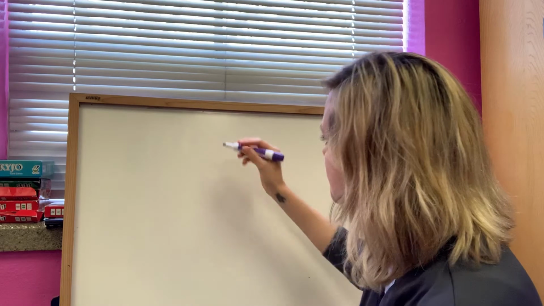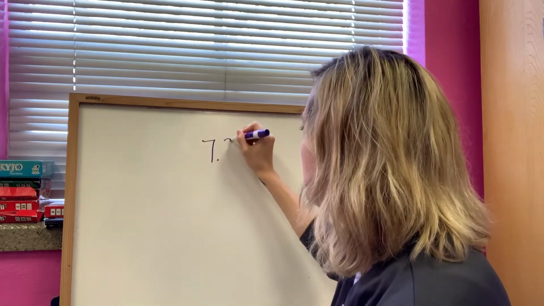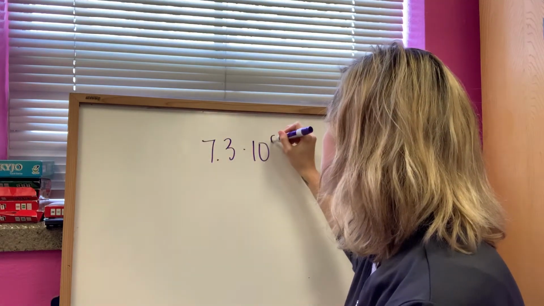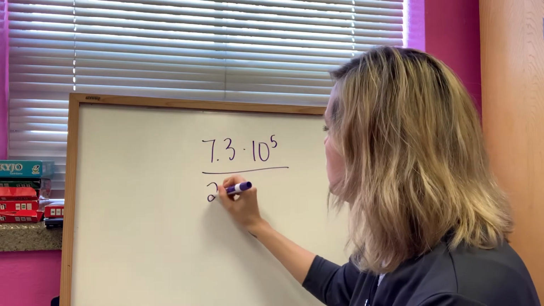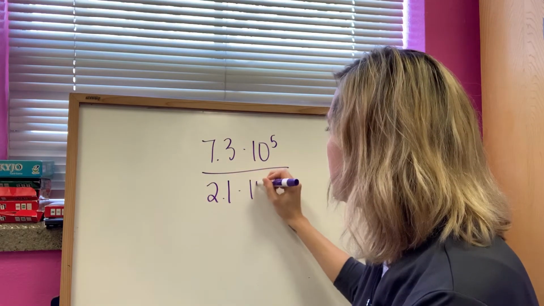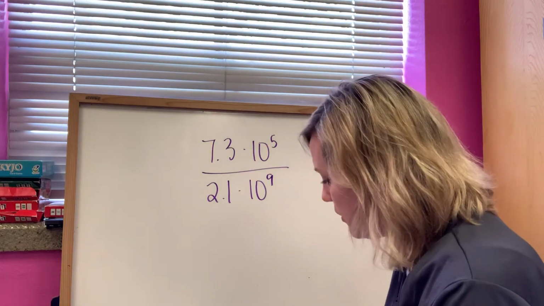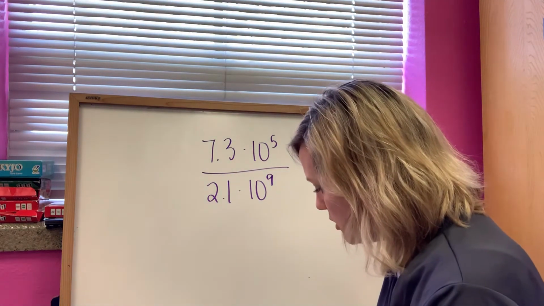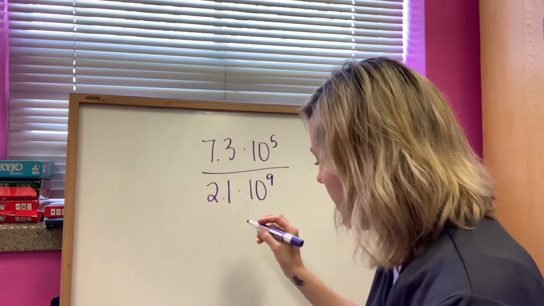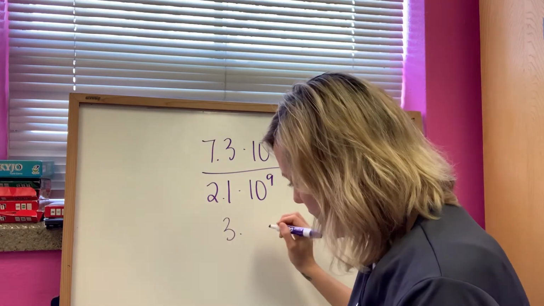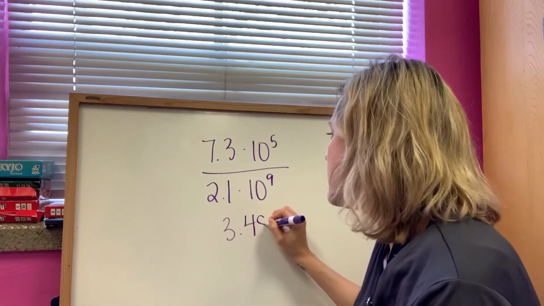Let's keep going. Let's do 7.3 times 10 to the 5th divided by 2.1 times 10 to the 9th. Okay, so 7.3 divided by 2.1, okay, 3.48.